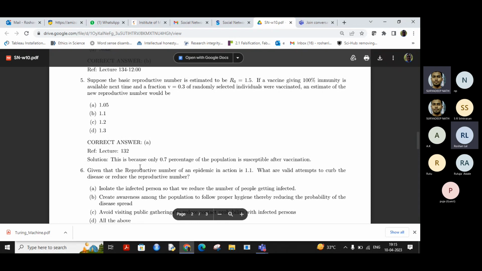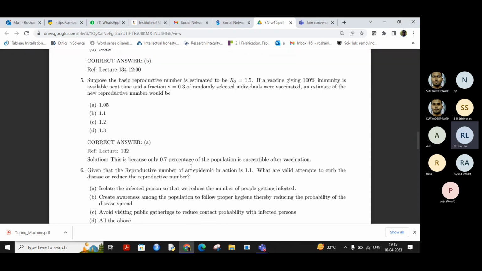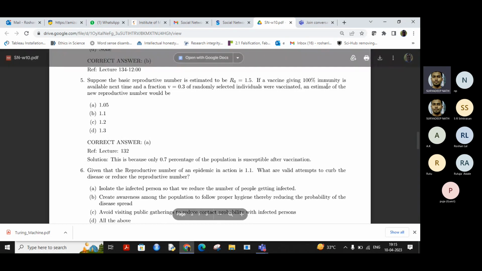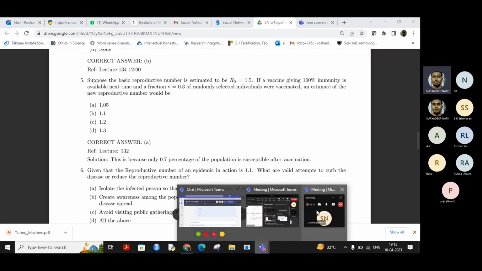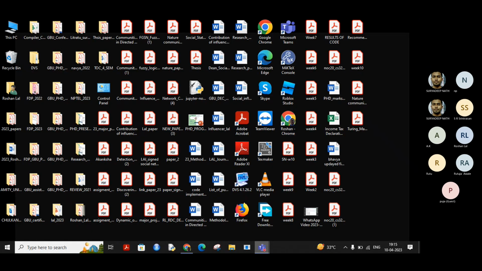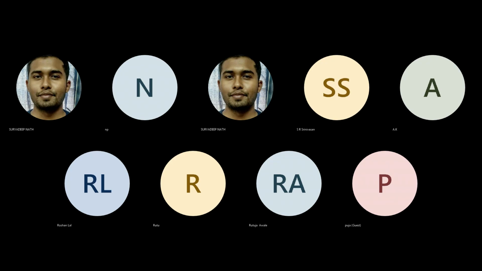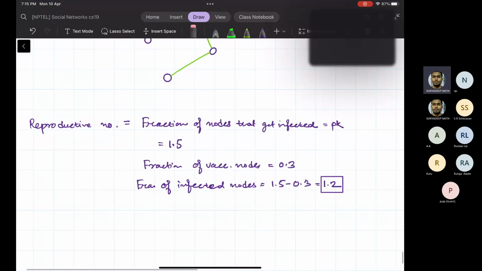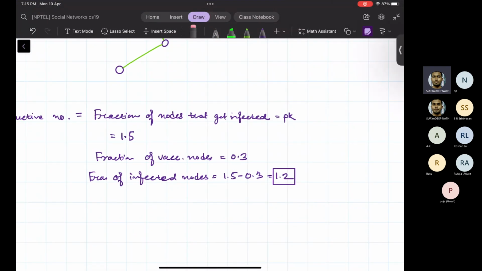Okay, it means only 0.7 of the total population is susceptible after vaccination. Okay, I get it. So what they are doing is this step. Let me share the screen again. Basically it means the fraction of nodes, the number of children that get infected.